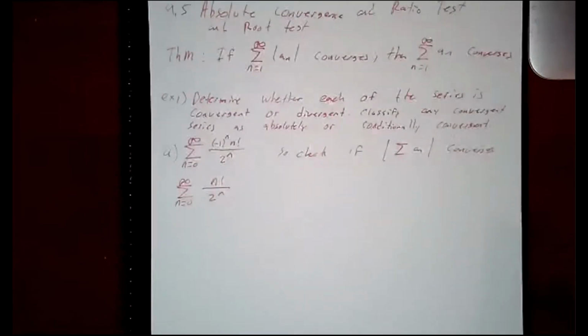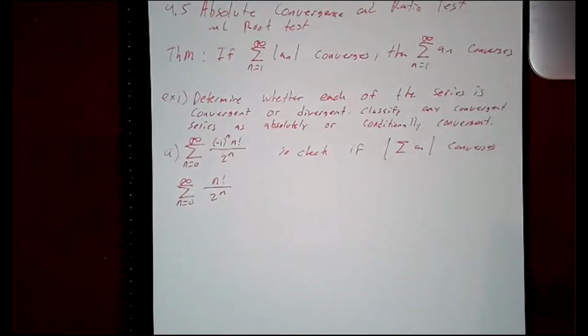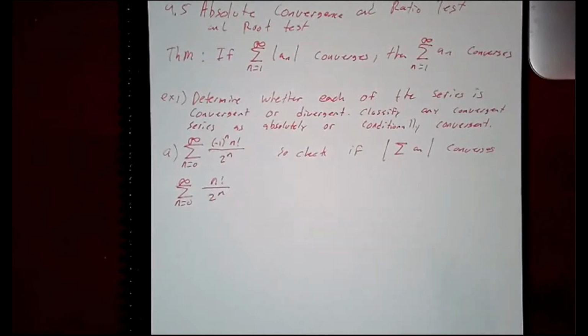So then you look at this and you're like, okay, I don't know what test to use, right? We're getting to the point where they're not telling you what test to use anymore. You need to figure it out. So the first test you should always try is the divergence test, because if the limit is not 0, then the series diverges and we're done. But you still have to check the two conditions.